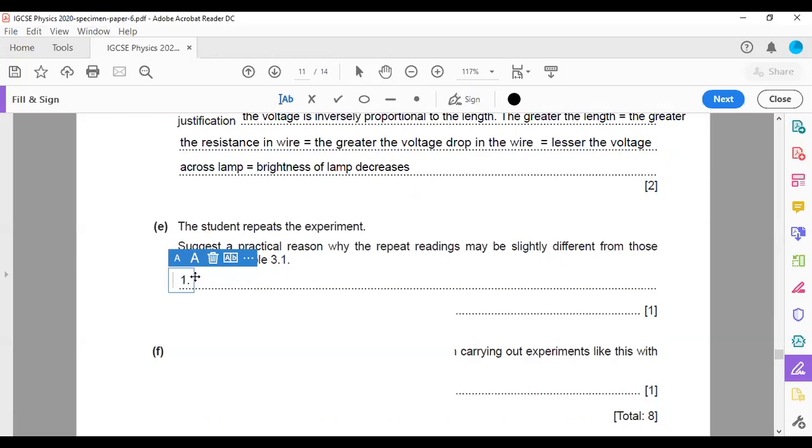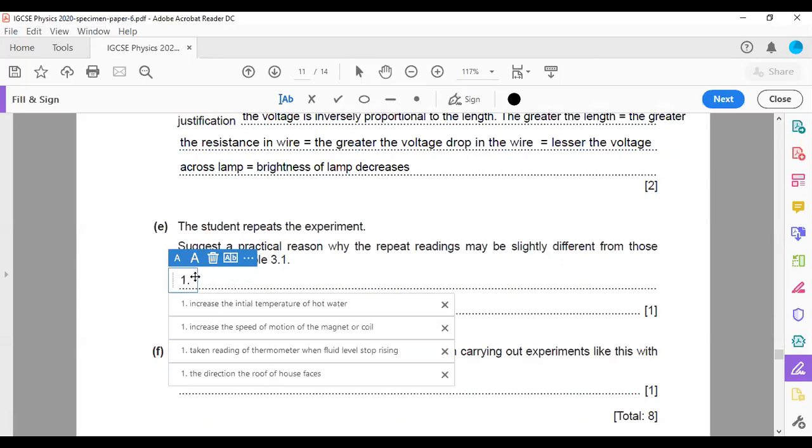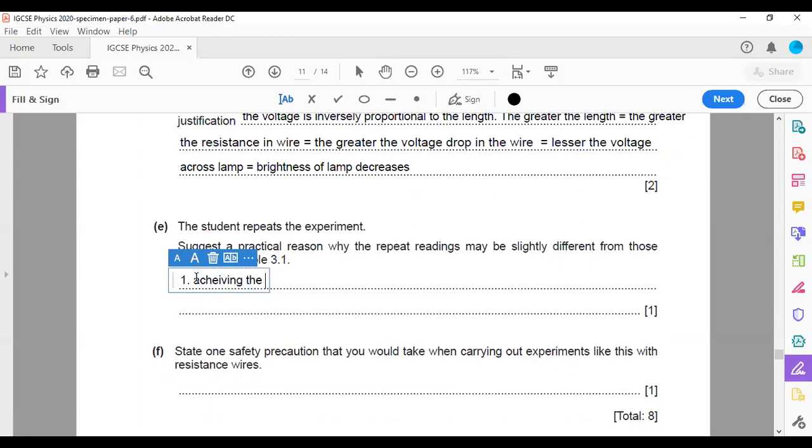The first one could be achieving the same position on the rheostat, or the resistance wire, we're going to call it. He might not be able to achieve the same position, which means it wouldn't be the same distance along the wire. So that's the first one.